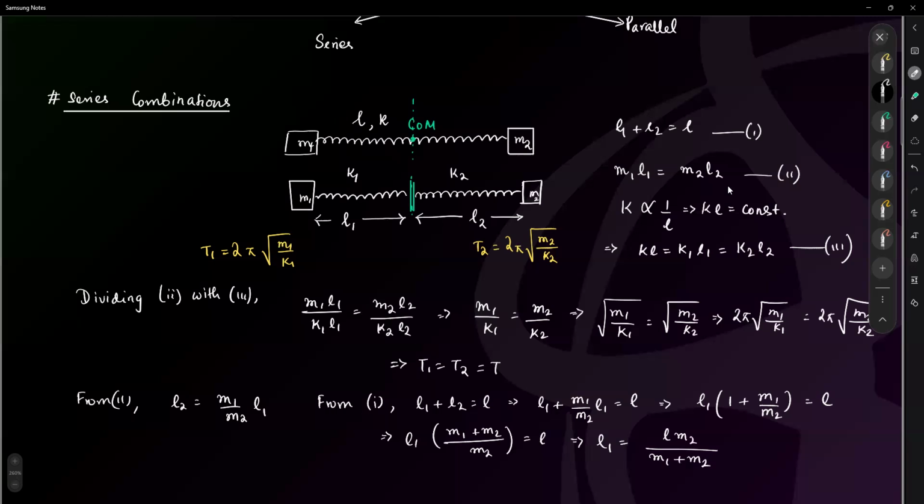If it is clear till this portion, then from the third equation, that is KL is equal to K1L1, can I write that KL is equal to K1 into M2 by M1 plus M2 into L. See, this L and L get cancelled out.